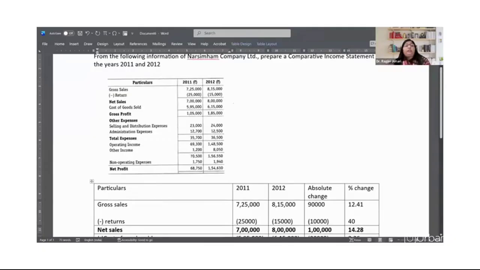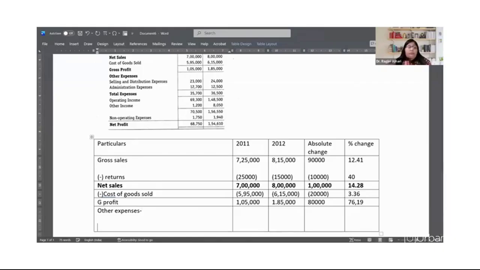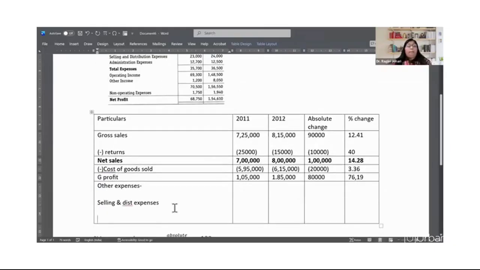Then we have other expenses: selling and distribution expenses, and administration expenses.